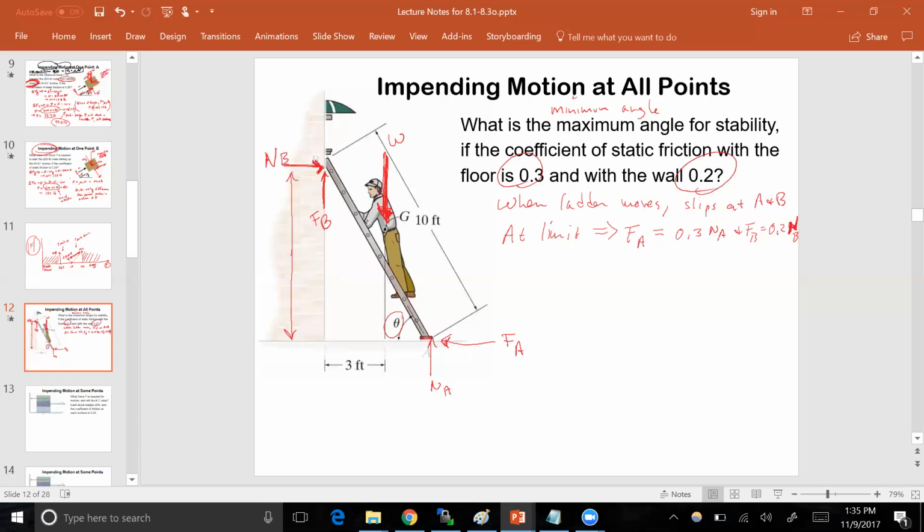Yeah, 10 sine of theta, right? And what's the distance to point A from the base? Sounds good to me, right? 10 cosine of theta. It's a triangle.